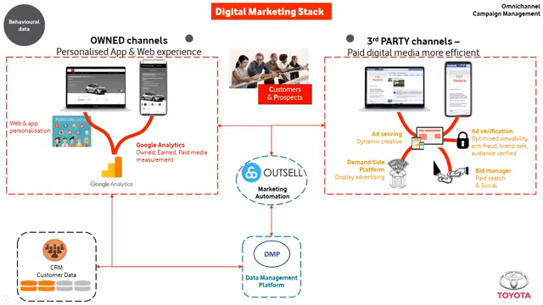On the left, they have their own channels, which they measure with analytics tools. They're using personalization for the customers. And on the right, we have the paid media channels: Facebook, Instagram, LinkedIn, and all the data they gather from here. All data from each source is sent to the marketing automation platform.